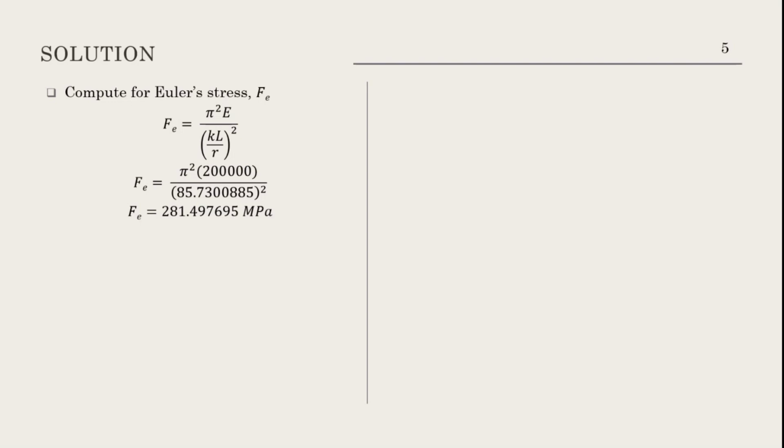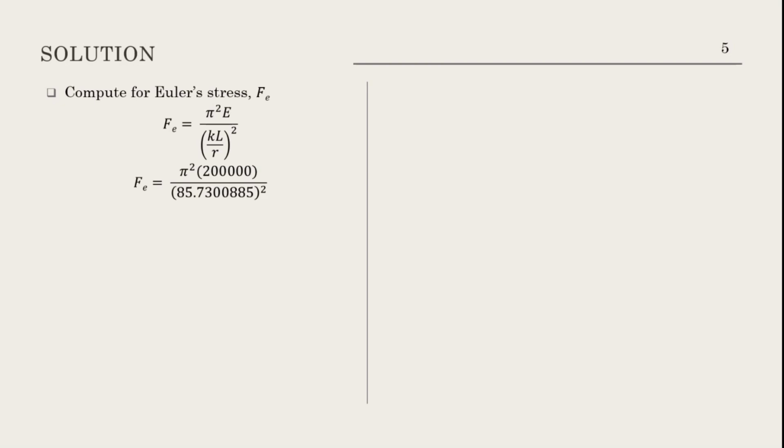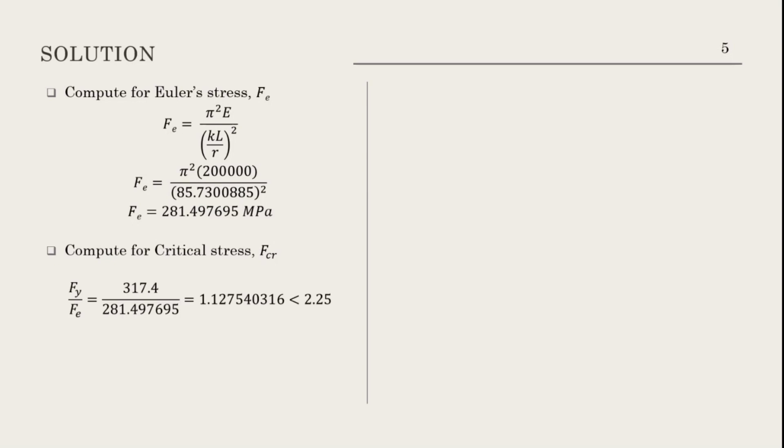Try to compute it first, from the computed F sub E. That is simply just the ratio of Fy and Fe. Because we need this ratio in order to compute for the FCR. So based from the ratio of Fy and Fe, the ratio is 1.127540316. It is less than 2.25.